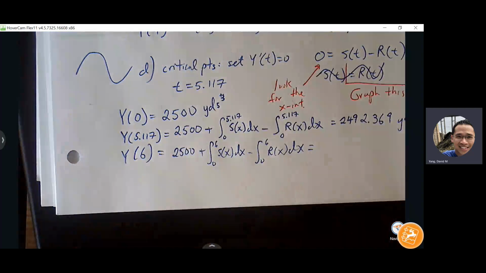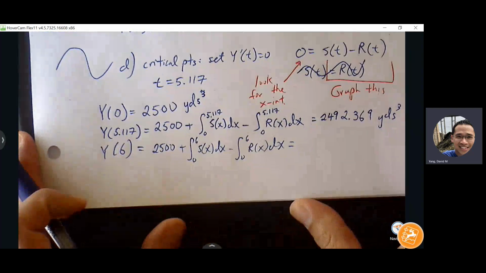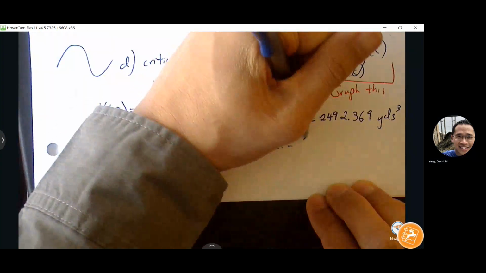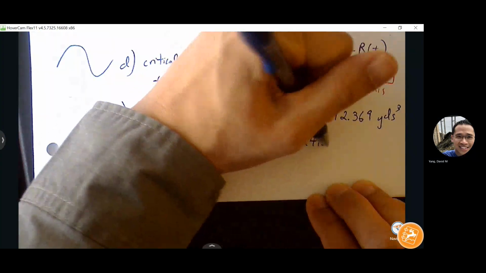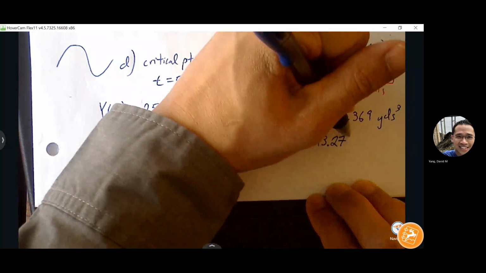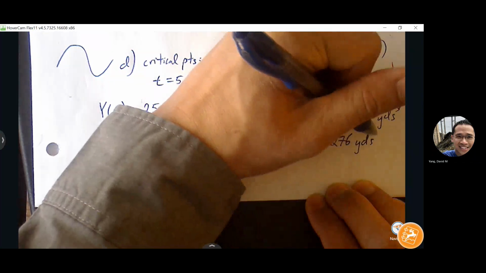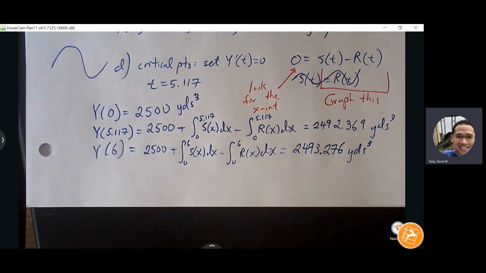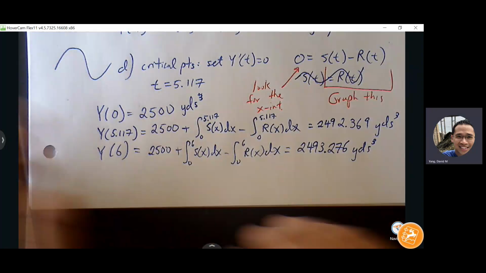It's 2493. It's a little bit more, so we know the least amount of sand is going to be at this 5 hour period. Okay, so therefore, the absolute minimum of sand in this 6 hour period is 2492.369 cubic yards at t equals 5.117 hours.